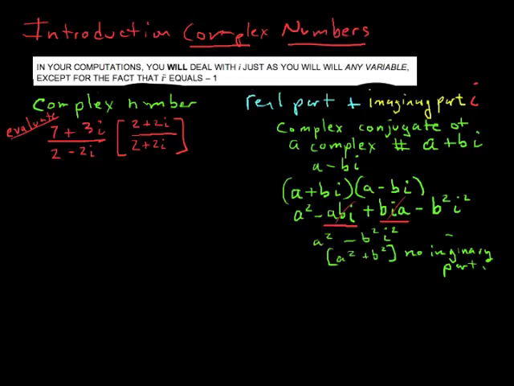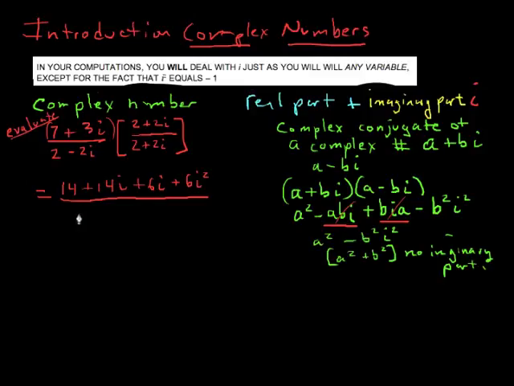Let's do the numerator first. We have 7 times 2 is 14. That's first. Then the outer is plus 14i. The inner is plus 6i. And the last is plus 6i squared. What about the denominator?